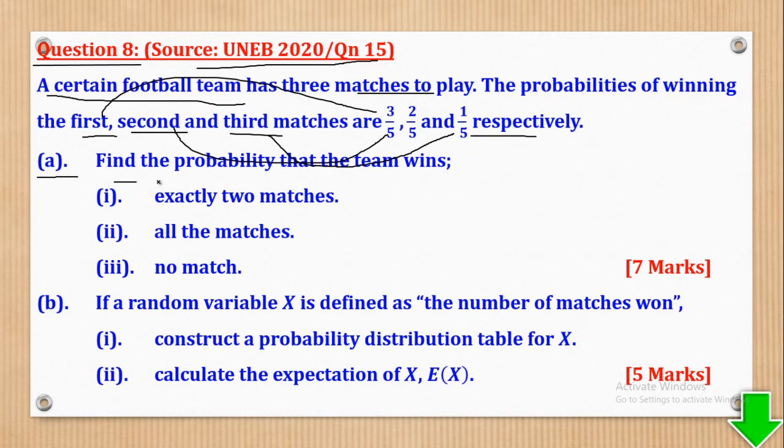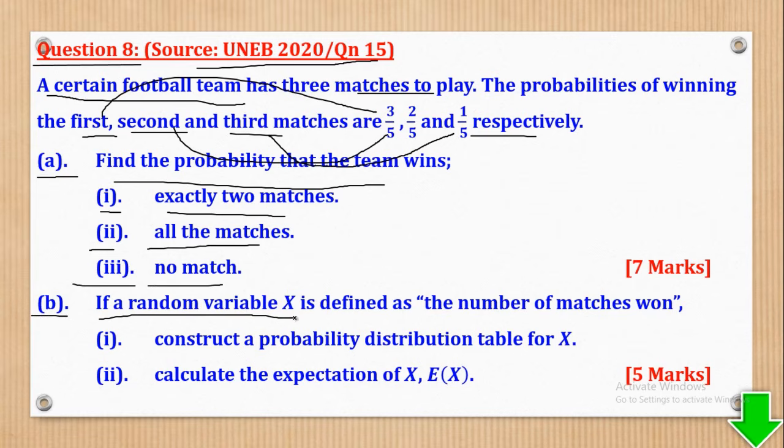Then part A, find the probability that the team wins Roman 1 exactly 2 matches, Roman 2 all the 3 matches, Roman 3 no match. And part B, if a random variable x is defined as the number of matches won, Roman 1 construct a probability distribution table for x, and Roman 2 calculate the expected value of x, which is denoted as E(x).